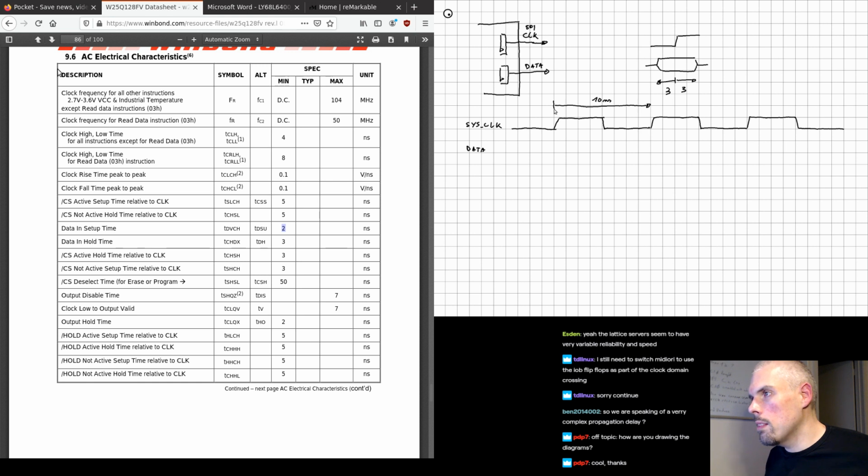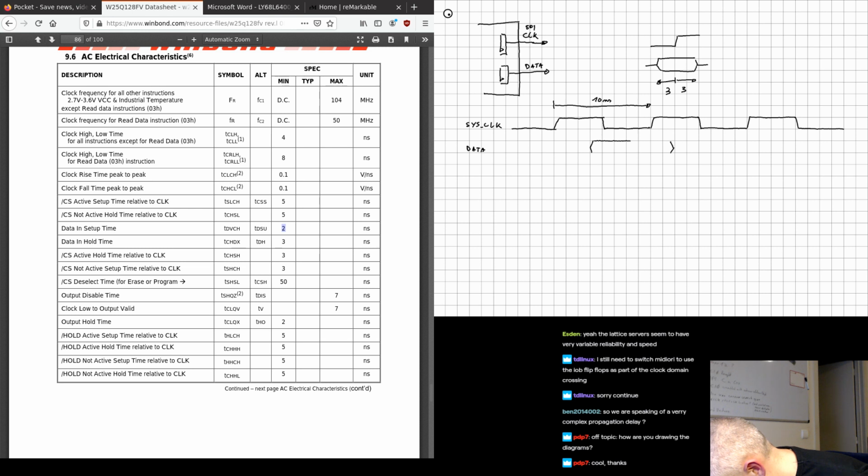So 3 nanoseconds after the rising clock edge inside the FPGA. So we're going to reference everything to our clock inside the FPGA. That's going to be our timing reference. So 3 nanoseconds after, so that's roughly here, our data is going to appear on the output. And it's only going to change, well, somewhere around here, let's say a little before, because that's the clock to out min, so let's say here.